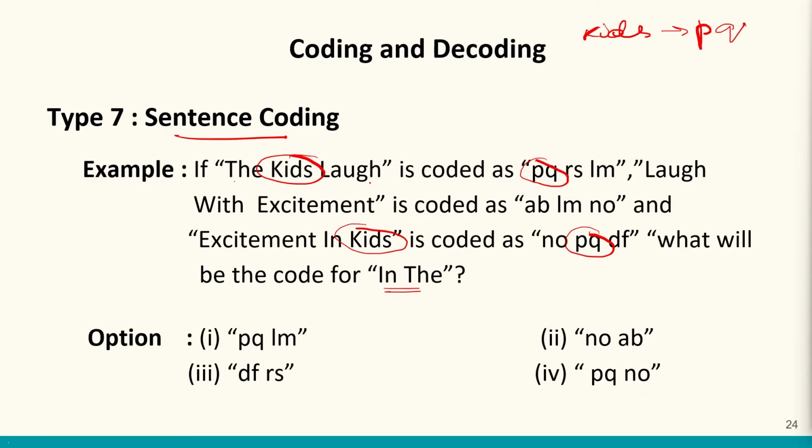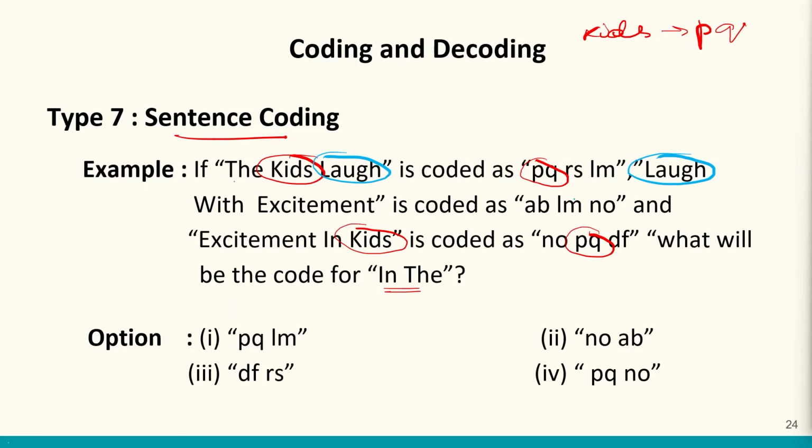Then let us move on. "The kids laugh" and "laugh with excitement" both have laugh in common. If we look at the codes, we have PQRSLM. PQ is already coded as kids, so we have RSLM, and over here we have ABLMNO.